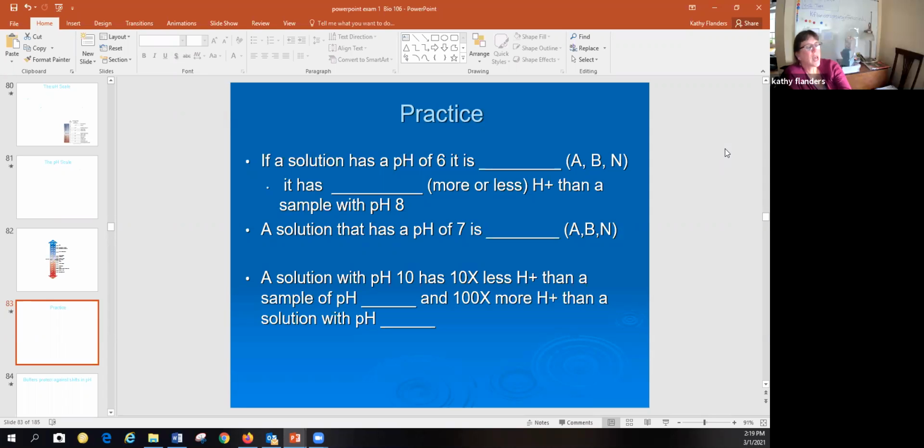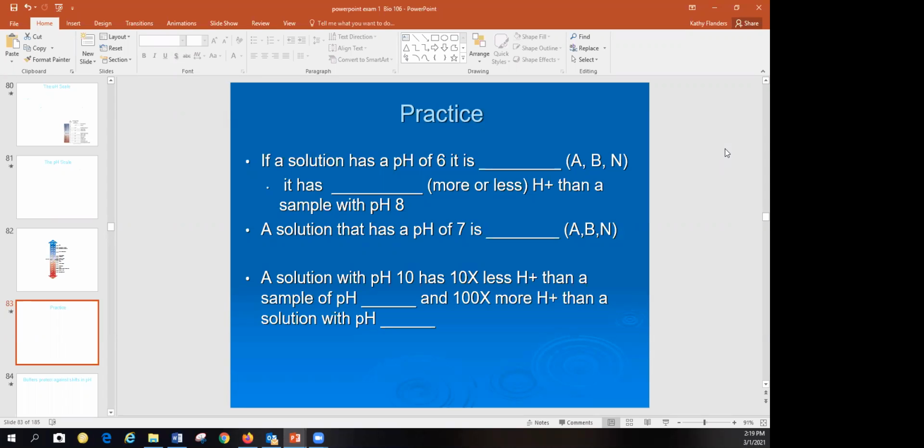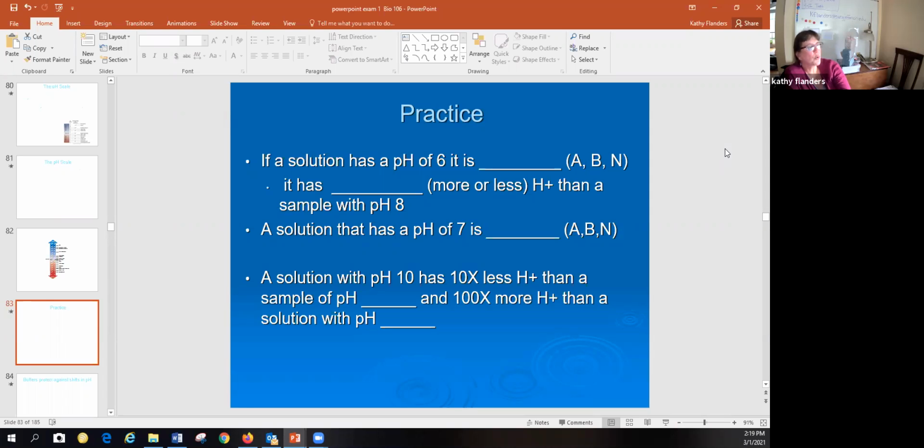And a solution that has a pH of 7 is neutral. So a solution with pH 10 has 10 times less hydrogen ions than a sample of pH 4 or 9.